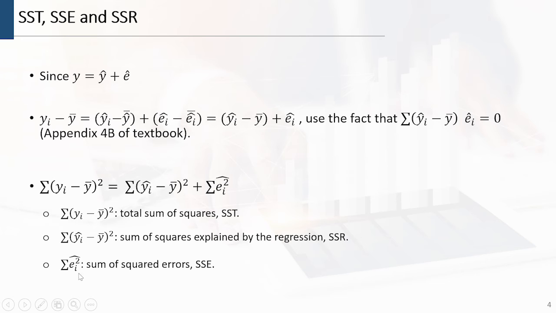And the sum of squares of the residual, or squared errors, is called SSE in this textbook. I understand that in a different textbook, these two terms are named differently. Sometimes they call the sum of squares residual SSR, and so on. To make it more workable for this course, we stick to the definition in the textbook, but you just need to understand the meaning of the concept, and you don't need to be very accurate about how it's exactly named.